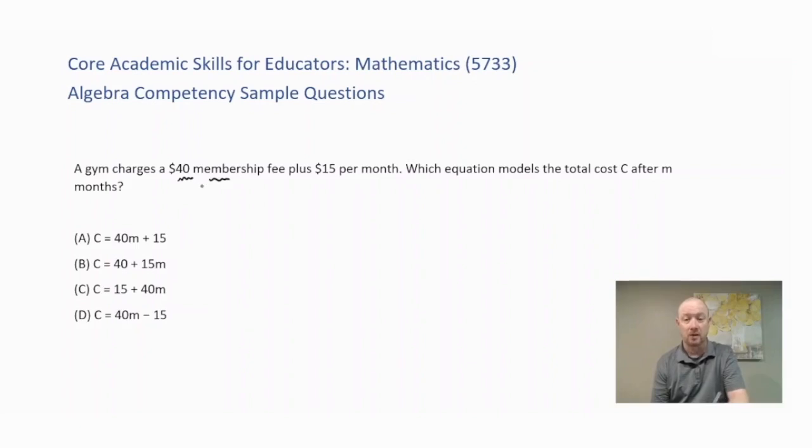That eliminates choice A, and also choices C and D because they have the variable M with them. The $15 per month is the variable cost, dependent on the number of months you have the membership, so that acts like your slope and has the variable M. So the correct answer here is B, C equals 40 plus 15M.